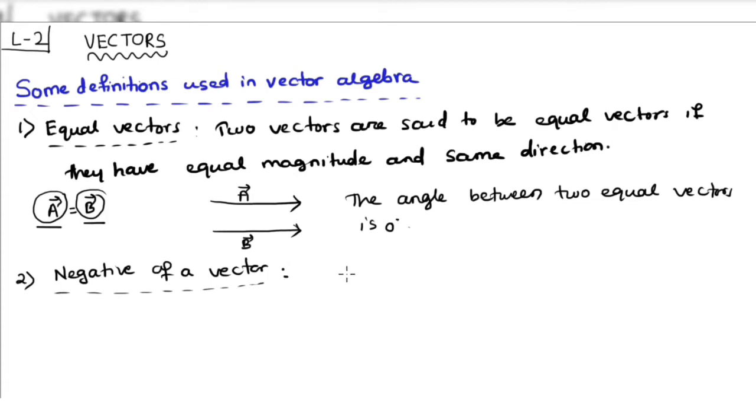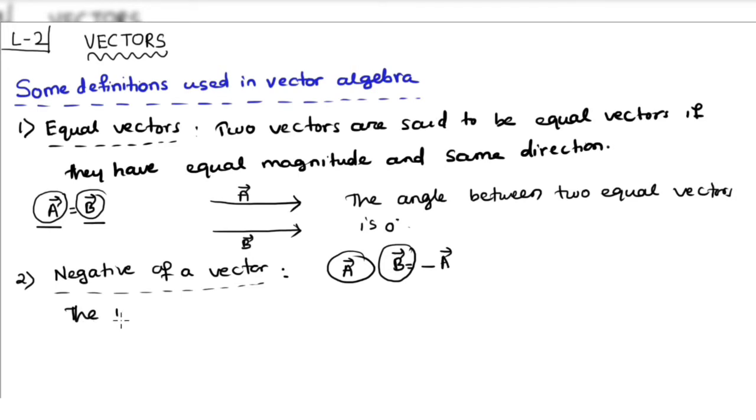Suppose we have a vector A. Then negative of vector A will be minus A. If A is a vector, then negative of that vector will be minus A. And suppose B vector is equal to minus A. It means B is the negative of A. Now the question is, how can we define the negative of a vector? So let me write the definition here.